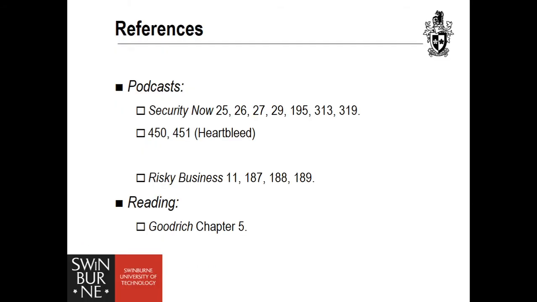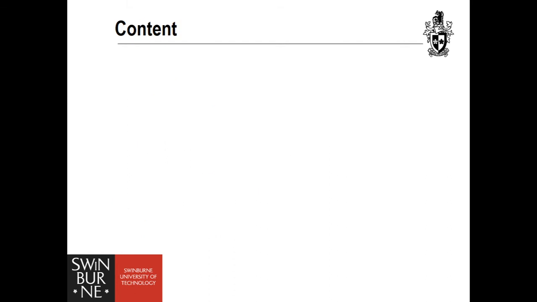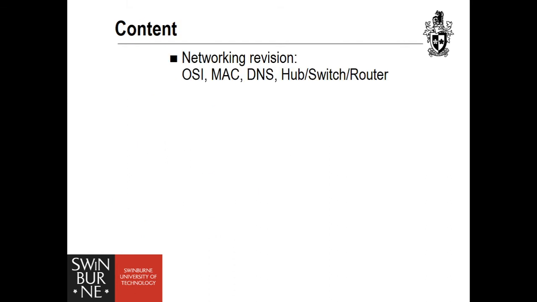This reference, you can use it as your personal reference. Content: at first I will talk about the networking revision. This is the basic thing of this unit. We will learn about OSI, MAC, DNS, hub, switch, and router.